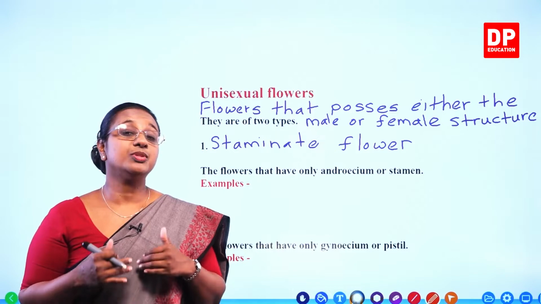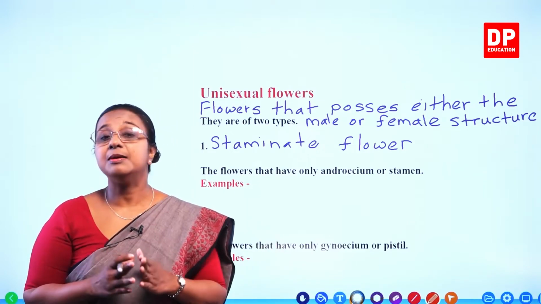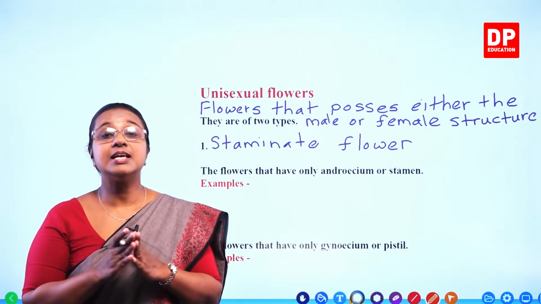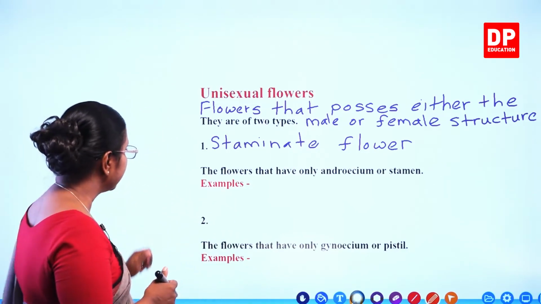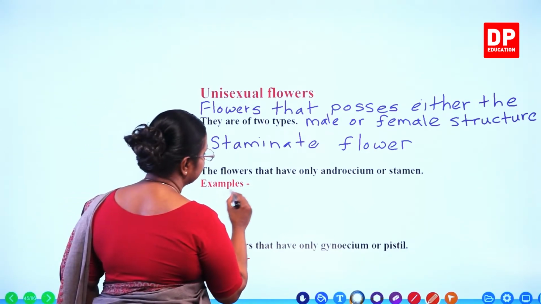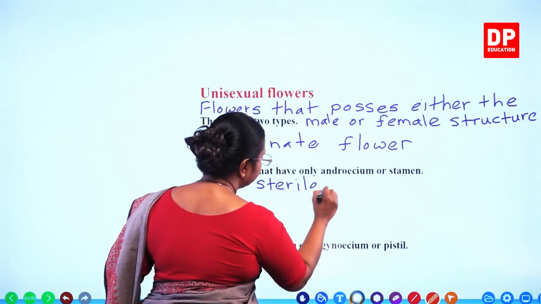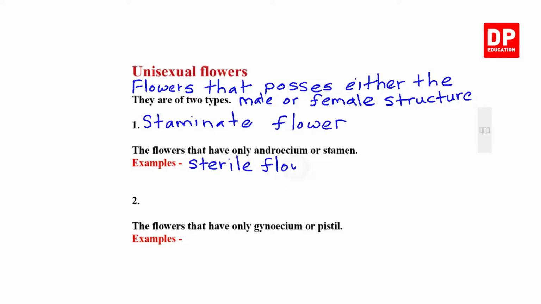So they have the staminate flower and the pistillate flower. So the apical flowers of corn is staminate flower. So as examples, we can consider the sterile flowers of pumpkin and apical flowers of corn.